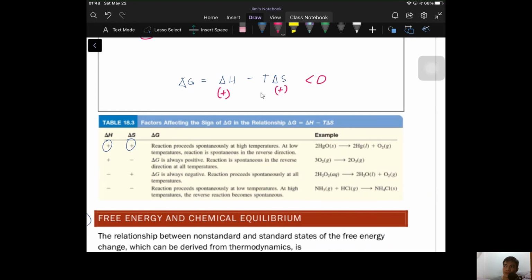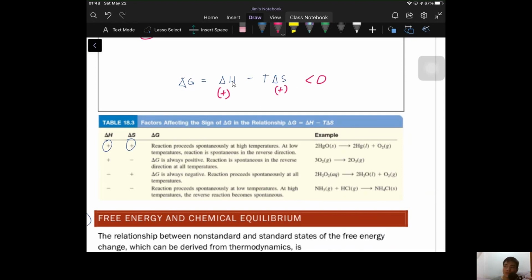Okay? So, ibig sabihin, this whole term is negative, no? So, kailangan ma-overpower niya yung delta H. It should be able to overpower this para mas maging dominant to. And if ito mas dominant, ibig sabihin, the difference is negative. And once the difference is negative, then delta G is less than 0.